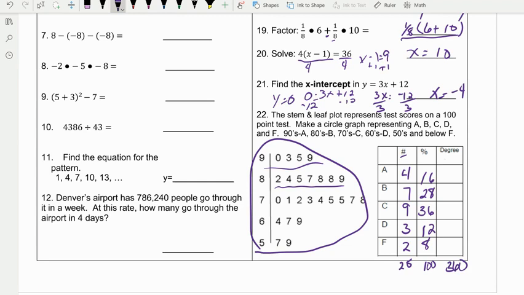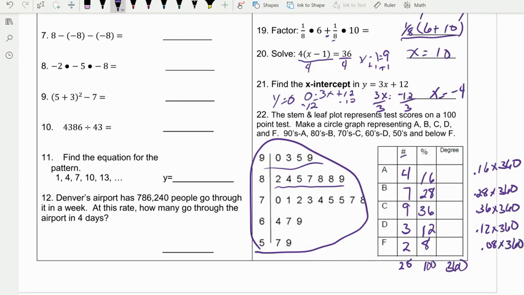Okay? So the way you find these is you take this, in this case, the A's, you take 0.16 times 360. In B's, we take 0.28 times 360. In the C's, we take 0.36 times 360, and then 0.12 times 360, and then 0.08 times 360.